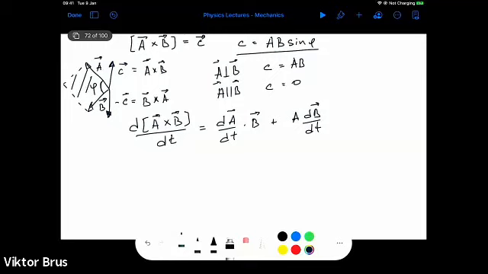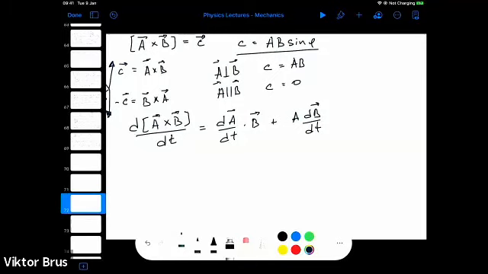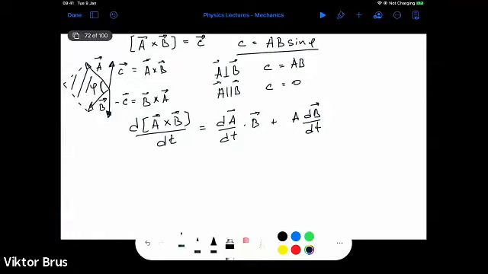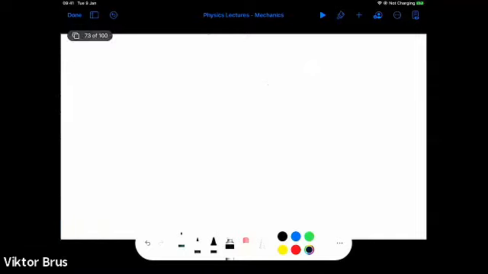So this is just the introduction of the cross product. Now we need to define the orientation of our torque.